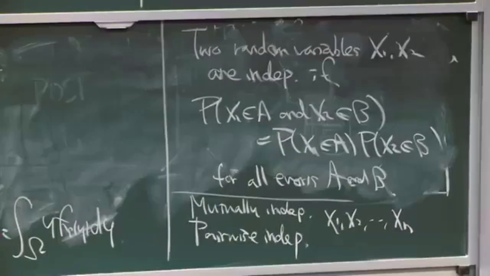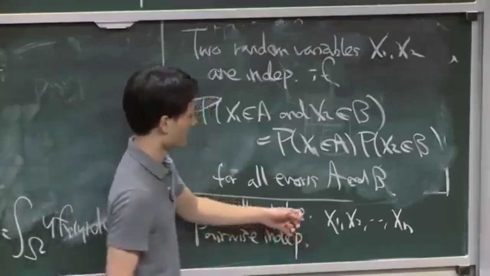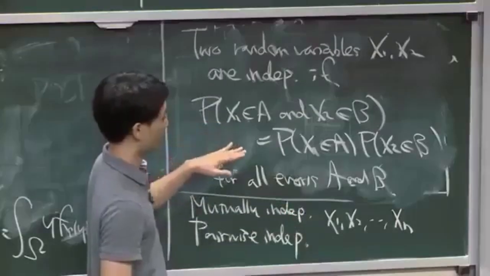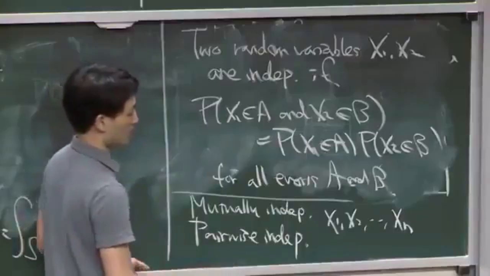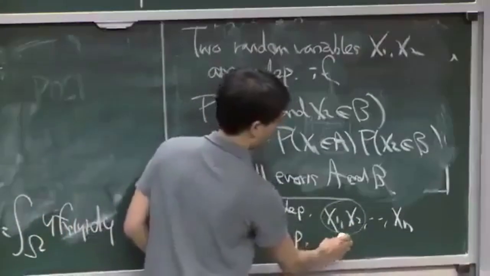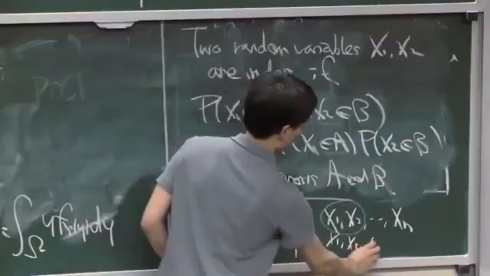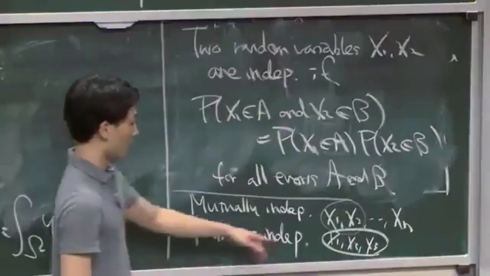Yes. Mutually independent means all the random variables are independent, like X1 is independent with every other. But pairwise means X1 and X2 are independent, but X1, X2, and X3 they may not be independent. Okay, maybe. Yeah. So that's good.